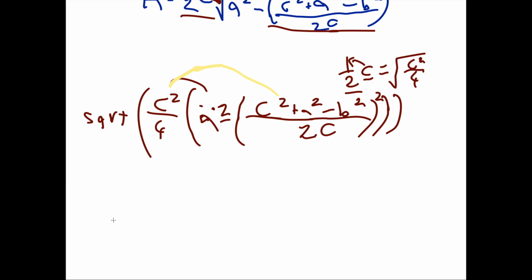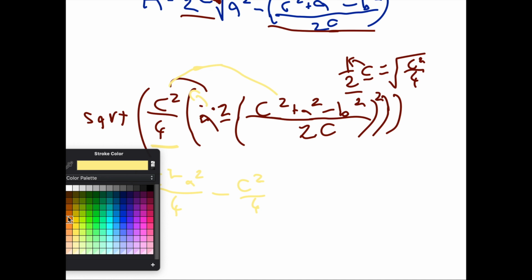Okay, so that means square root of, if we distribute the c squared, we get c squared a squared divided by 4, because you can just move this up there since we're multiplying, minus c squared divided by 4, right? That's just this here.